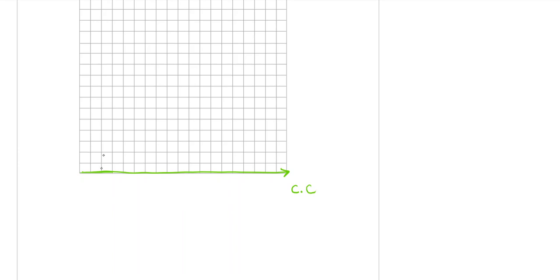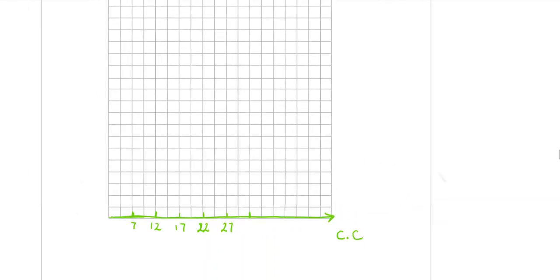The class centers, if you read them off your table, were 7, 12, 17, 22, and 27. And we're just going to put a line for our extra space, which is where our polygon's going to come back down. I don't need to work out what the number is.